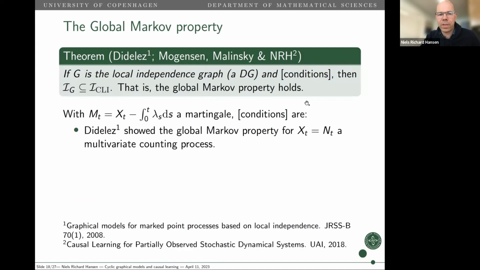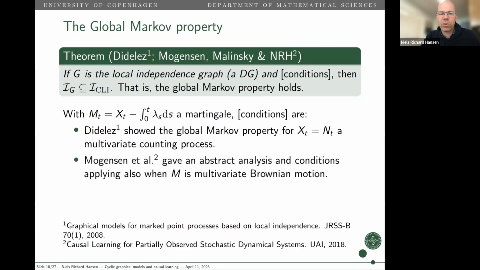So let me just briefly say that in Vanessa's case, she showed the global Markov property when the process considered was a multivariate counting process, and one regularity condition that I will get back to. And we gave a more abstract analysis later on, so we could also give some abstract conditions, and some of these conditions could then also be shown to hold if the martingale was a multivariate Brownian motion.